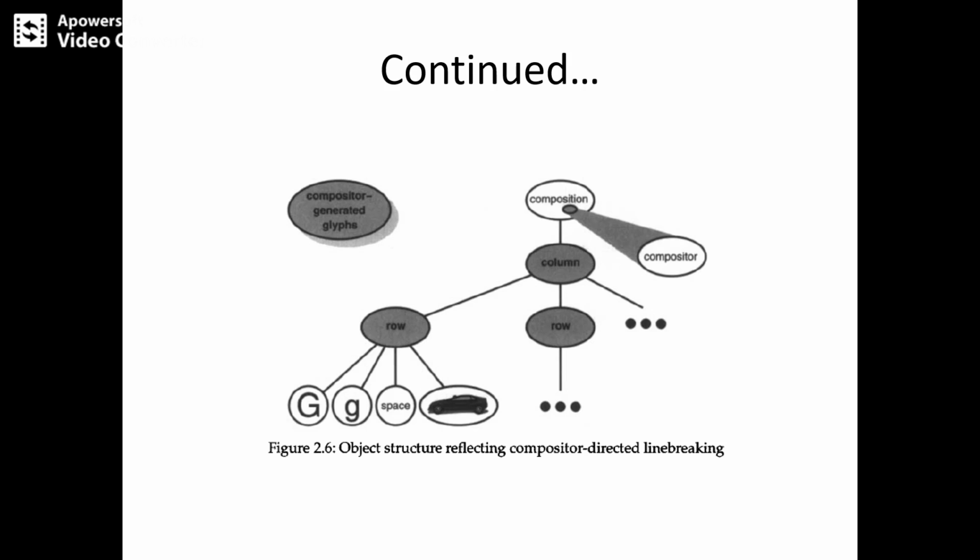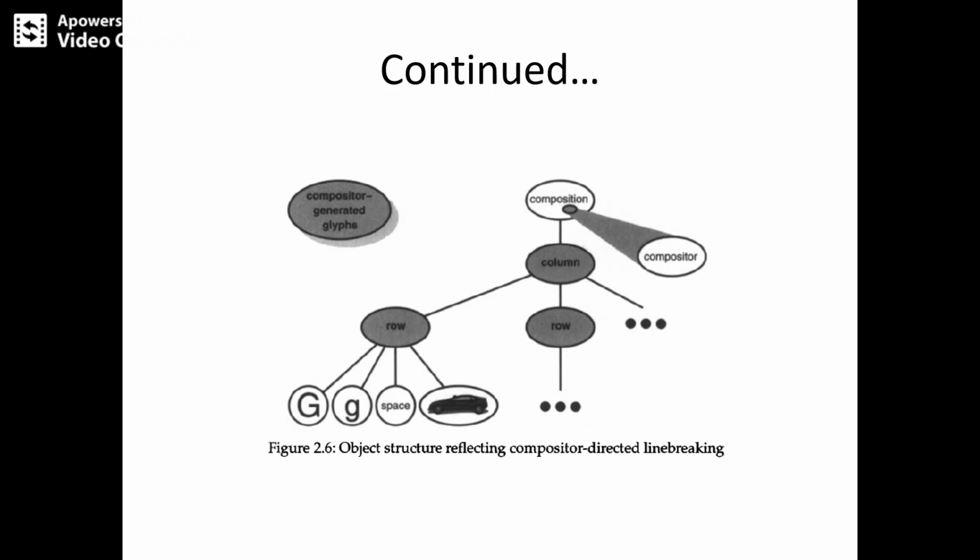In this line breaking, there will be a lot of objects in the document. For example, first is the letter character, capital G, followed in that particular row by different columns. Character G will have one column, another character will have another column, and we simply keep a blank, that is a space.